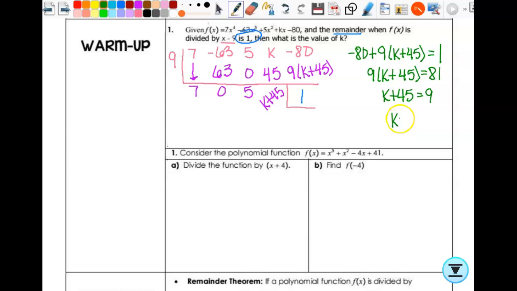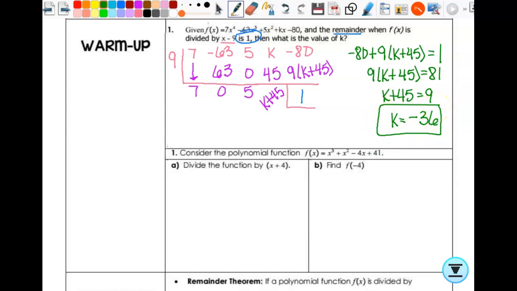And then k equals what? Negative 36. Look, I'm basically taking 45 minus 9, right? So 45 minus 5 gives me 40. Then I subtract 9 more. It's negative 36. It's like the hardest question of the day.